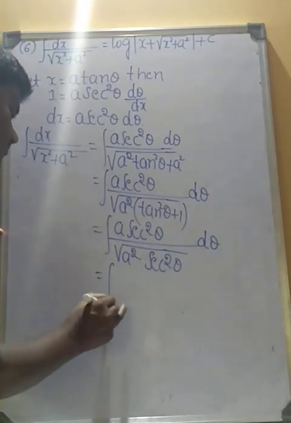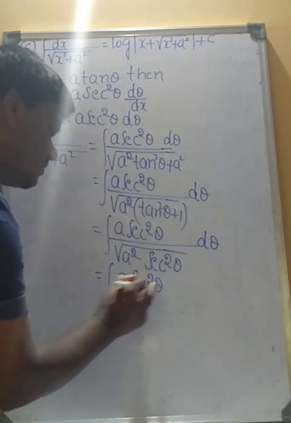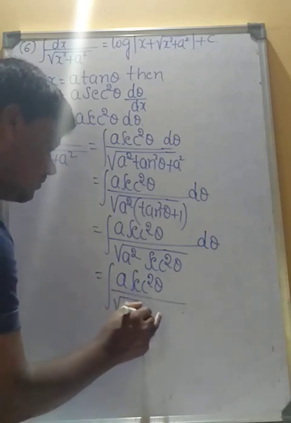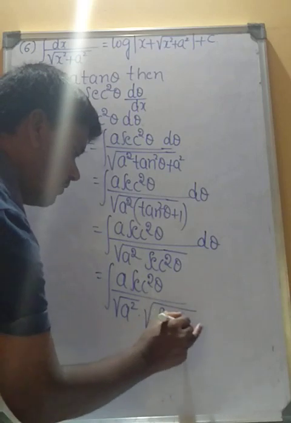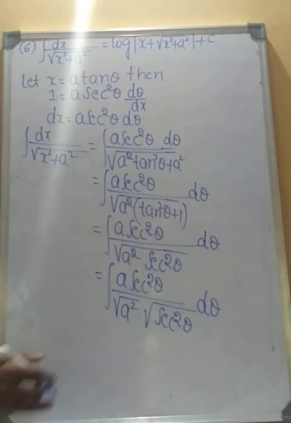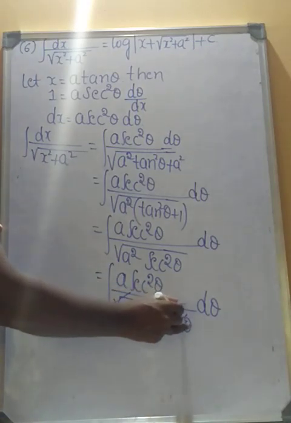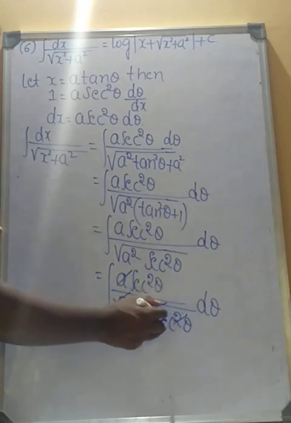So equals integral of a secant square theta divided by root of a square into root of secant square theta into d theta. Here also square and root cancel. Here a cancels, secant theta.